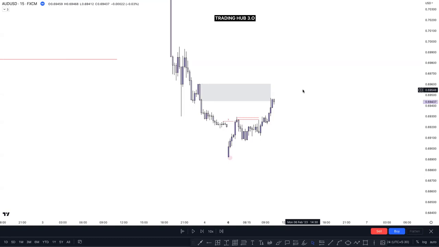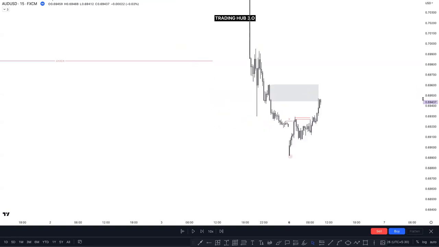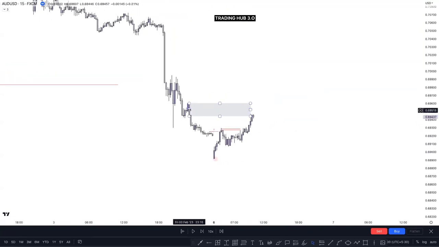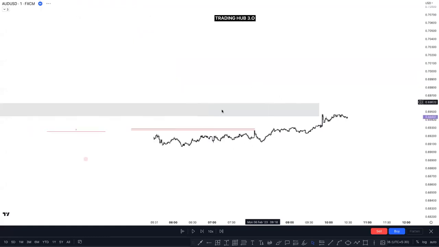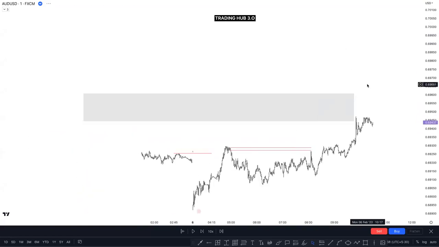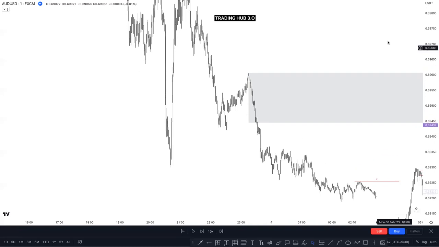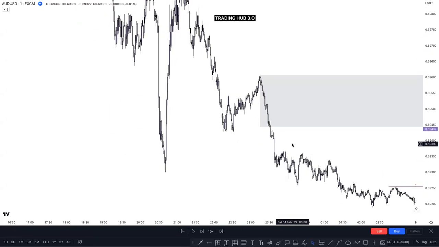Okay, so now switch here to the 1 minute time frame to see exactly how to refine your zone for entry, because when you switch from a higher time frame to a lower time frame to see exactly where the market is going, then you can identify a high probability entry for buy and sell, right?